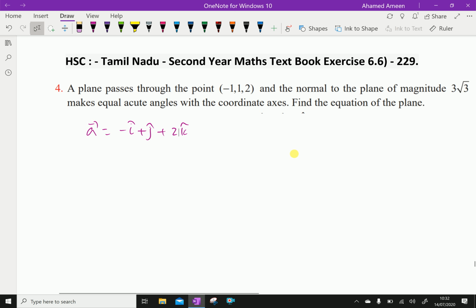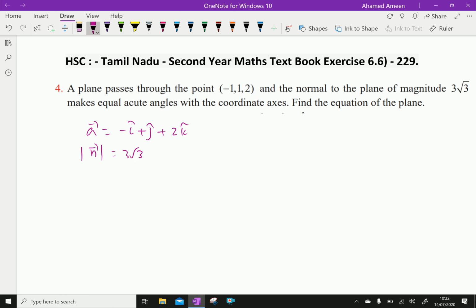Now, given the modulus of the n vector is 3 root 3, that is, the magnitude is 3 root 3, making equal acute angles with the coordinate axes. Find the equation of the plane.